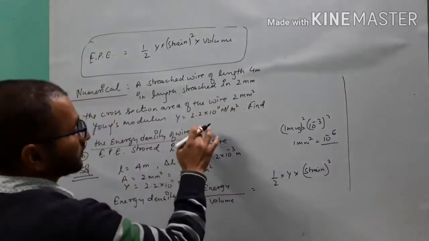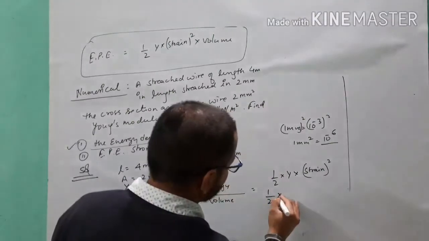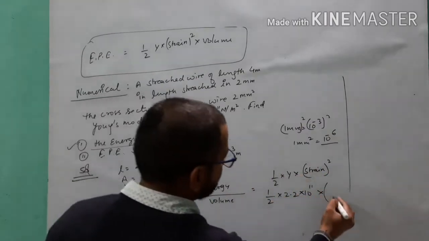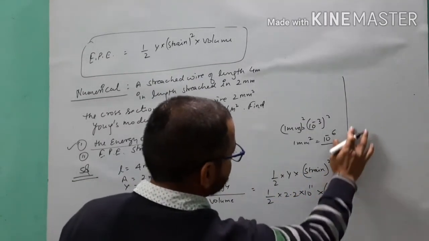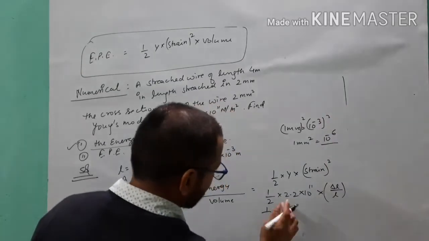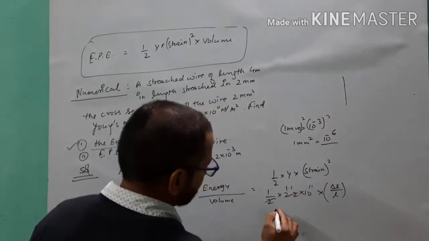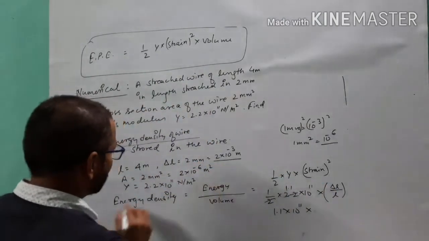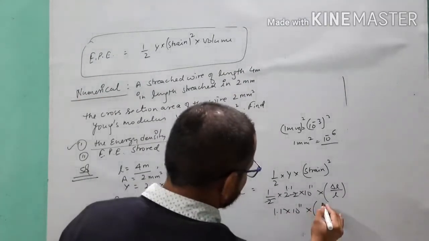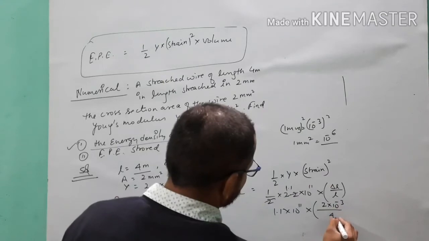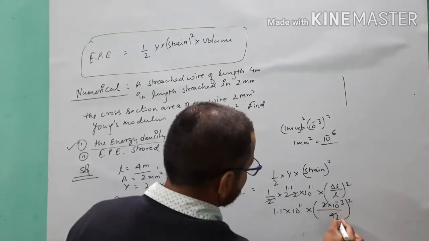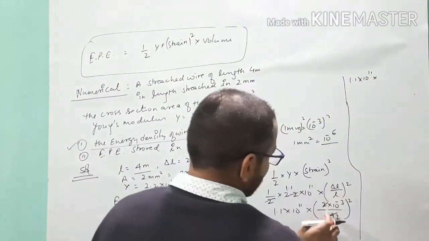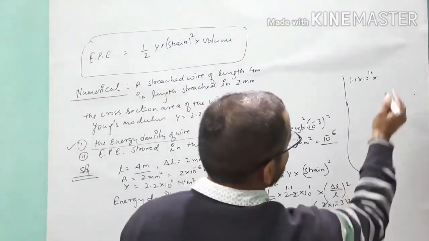For strain, first half into Y, 2.2 into 10 raised to the power 11, into strain. Strain means delta L over L. Cancellation gives 1.1 into 10 raised to the power 11 into delta L is 2 into 10 raised to the power minus 3 over L is 4, square. After that, 1.1 into 10 raised to the power 11 into 1 upon 2, 0.5, 0.5 square.